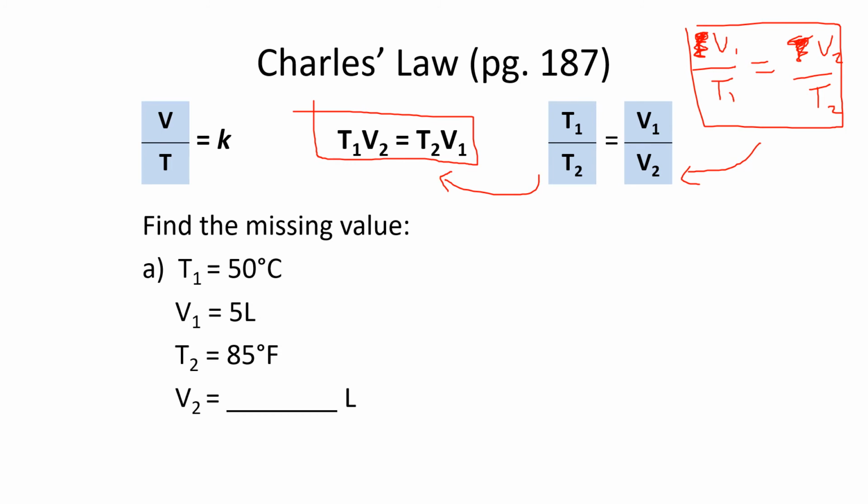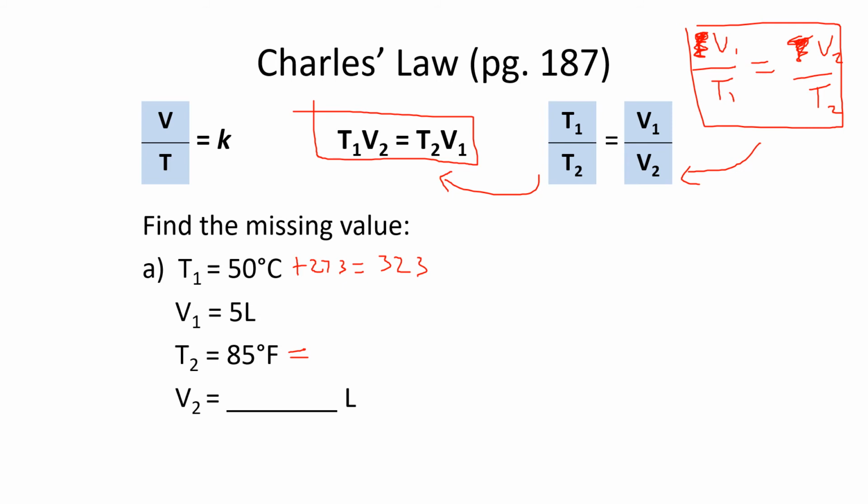Plug and chug. So temperatures, what values do we have to be in? Kelvin. So this becomes 323. Liters are good. So let's do the Fahrenheit.